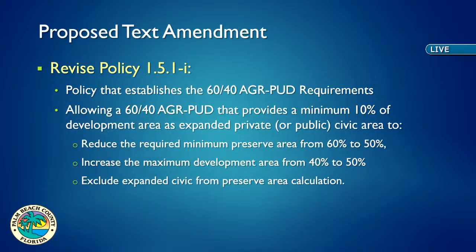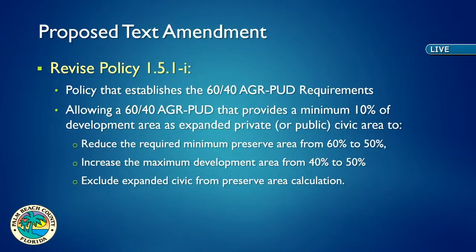So an expanded civic area is proposed to be defined as the provision of public or civic sites consisting of 10% of the total gross development area, which exceeds the 2% minimum currently required in the county's Unified Land Development Code.